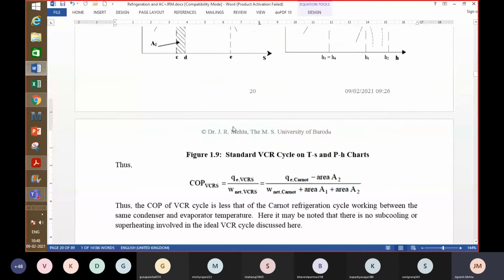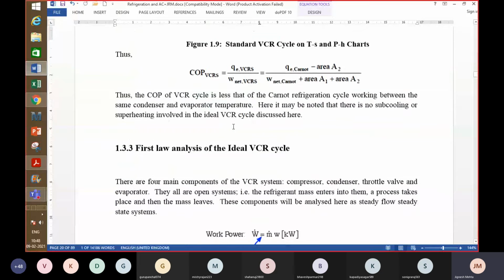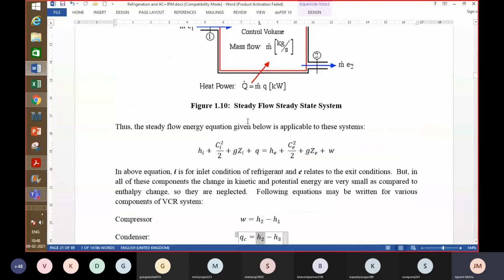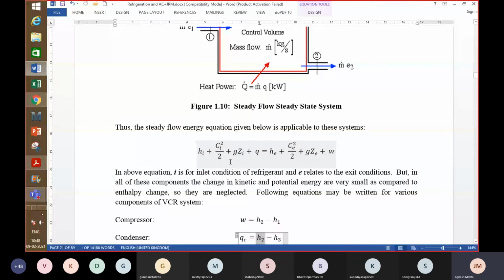Next component is the throttle valve. Now in the throttle valve, you will say that everything is zero, meaning the change is zero. Kinetic energy change is very small, negligible. Potential energy change is nearly zero, it's a very small device with very small surface area. So heat exchange is also non-existent and it's not supposed to produce any work, right?